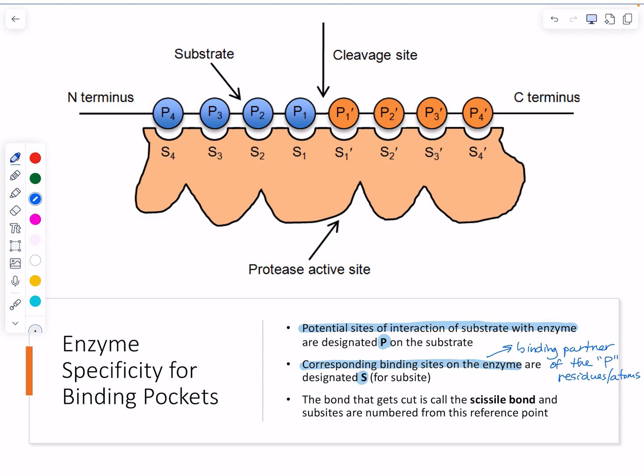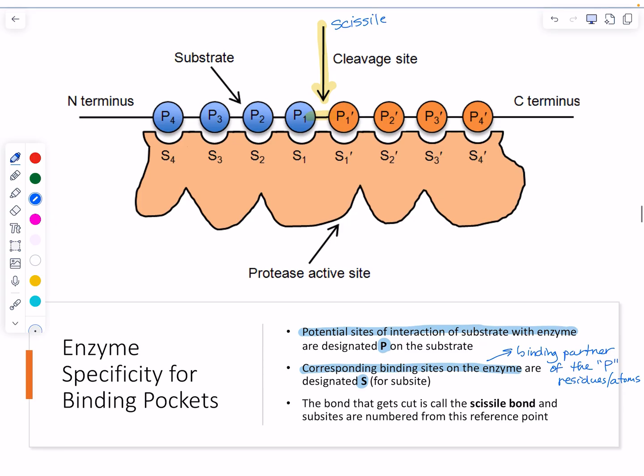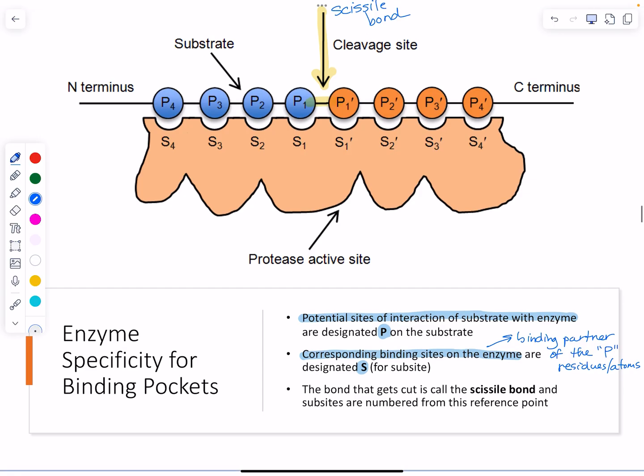And then remember that we use this term scissile bond to refer to our cleavage site. So this is our scissile bond. And the scissile bond defines our numbering.